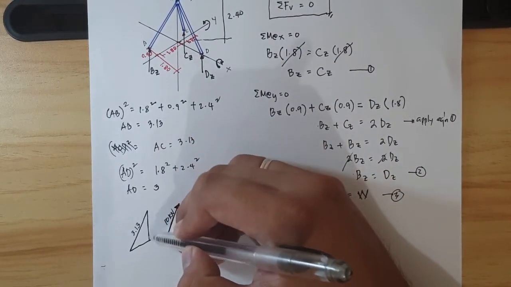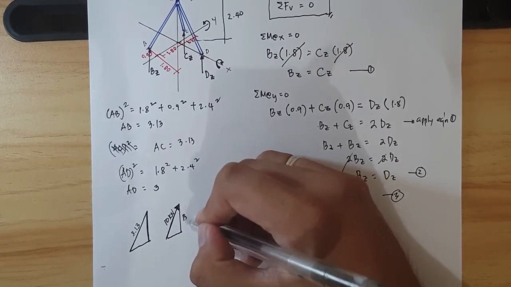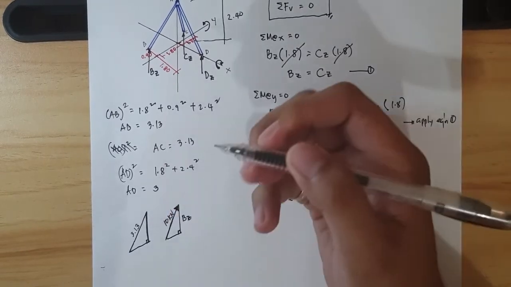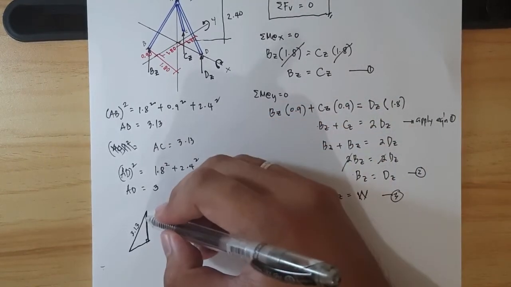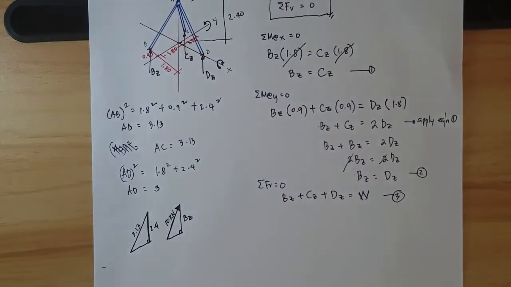This is the vertical component BZ. The vertical distance is 2.4.